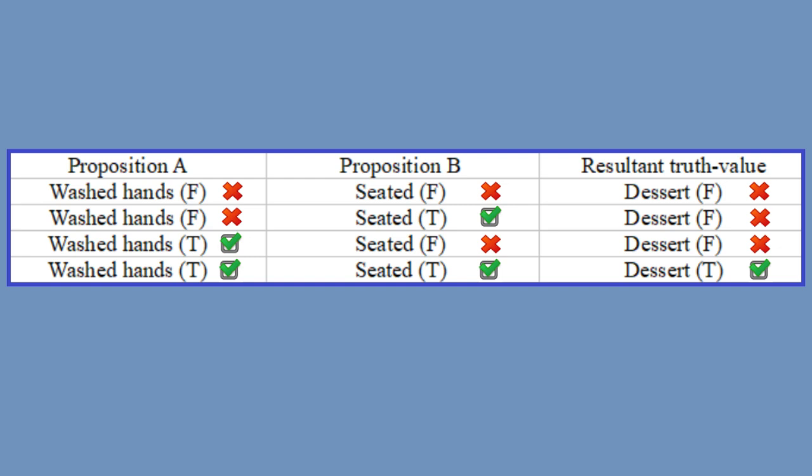To note here, Billy's mom is employing a certain type of logic to coerce Billy's actions so that they will bring about a resultant truth value that she desires. You can hear it in her sentence when she is speaking to Billy. Billy, go wash your hands and get seated at the table and I'll give you dessert. This is called AND logic, whereby both propositions must be true in order to have a resultant truth or true outcome.